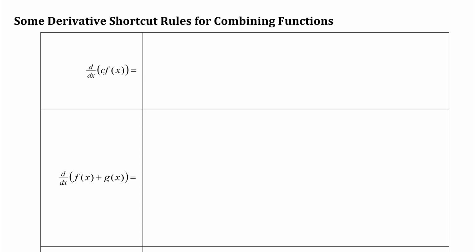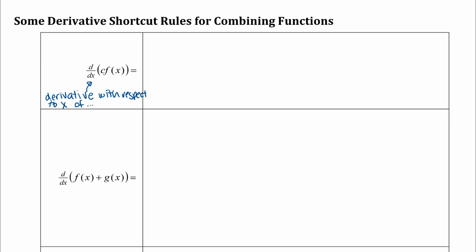Alright, so just to make sure that we are clear about the notation and what the notation is saying, this first box that I have here, I've got this d dx, and we've talked about that in previous videos, but that's telling us that we're taking the derivative with respect to x of whatever's in the parentheses.